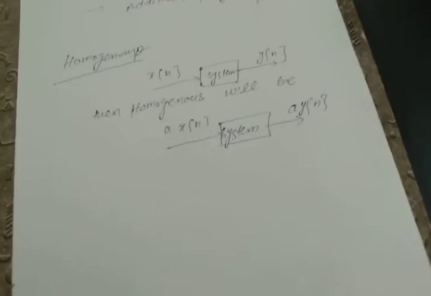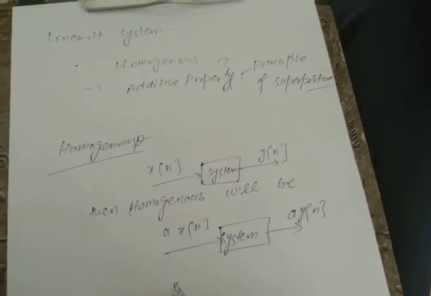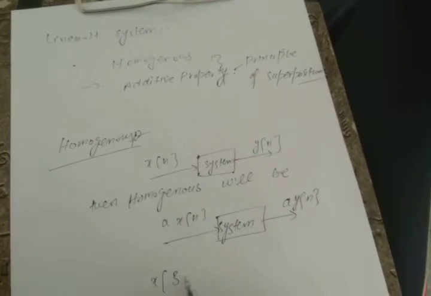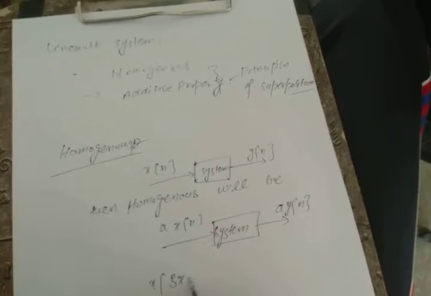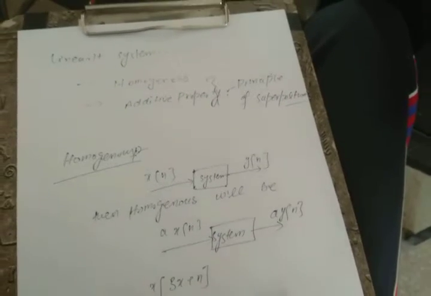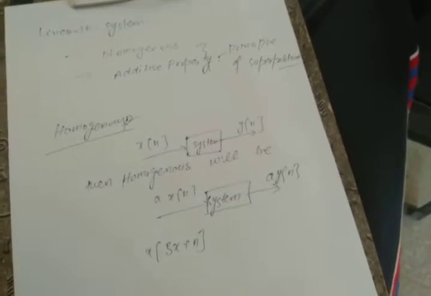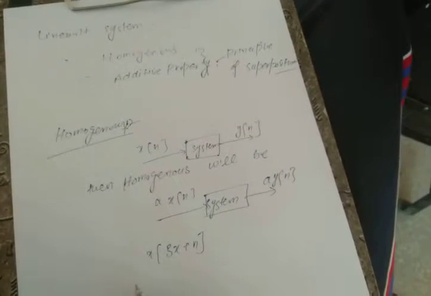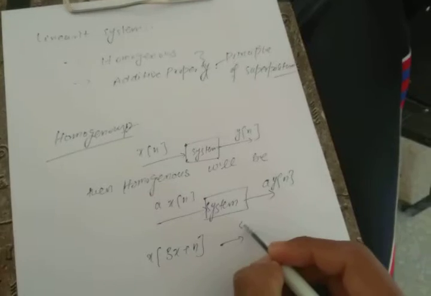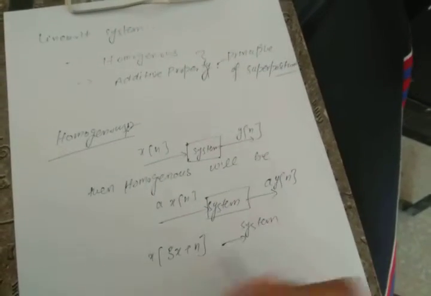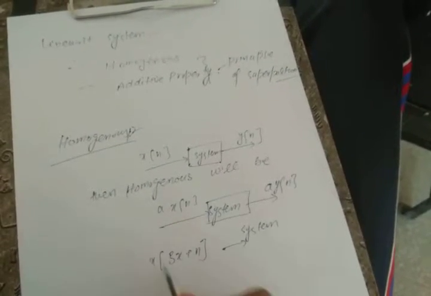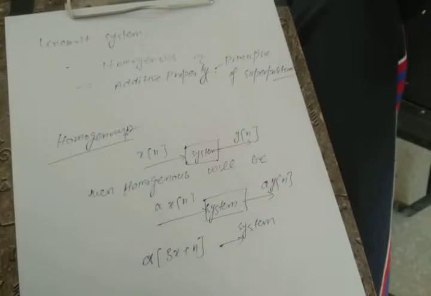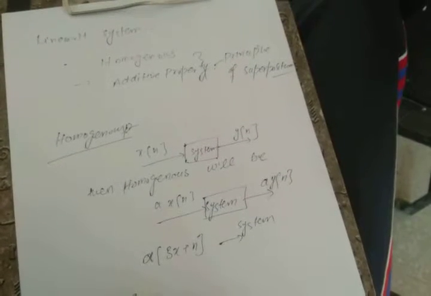For example, let's take a system 3 of x plus n. We have to check whether it is a homogeneous system or not. We multiply the input by alpha, giving alpha of 3x plus n.